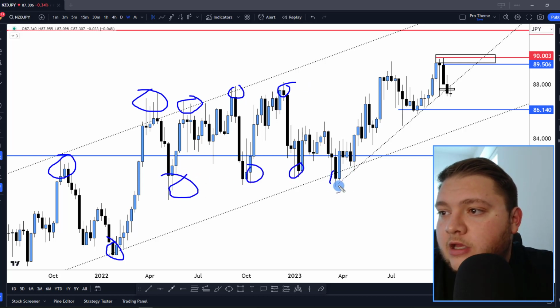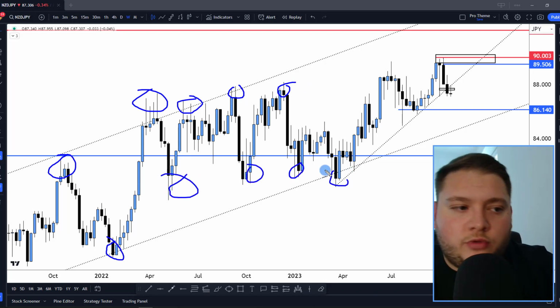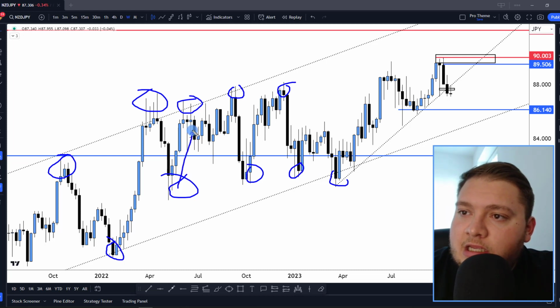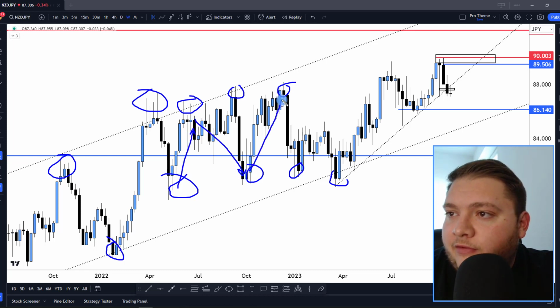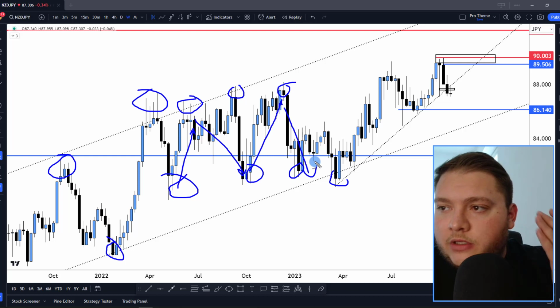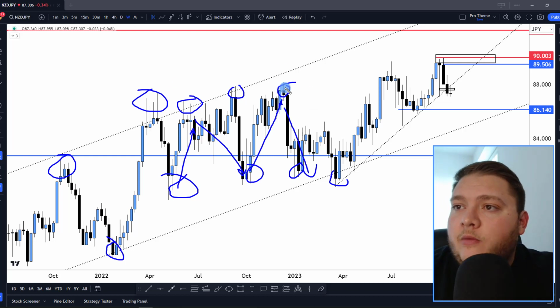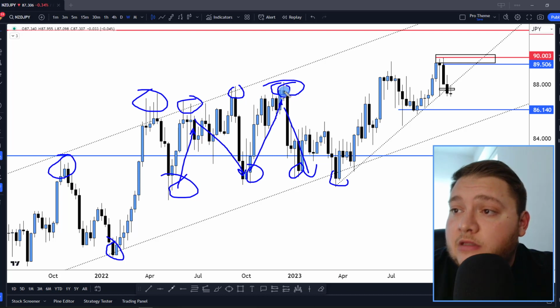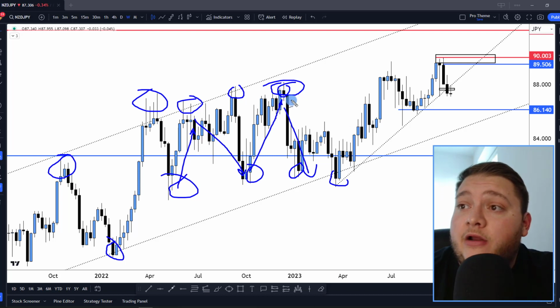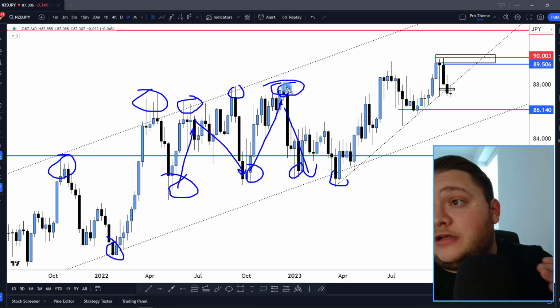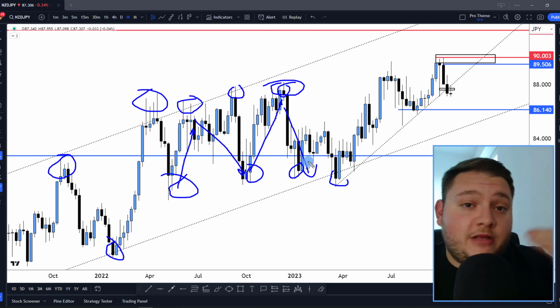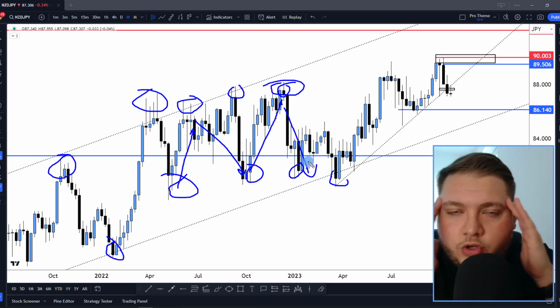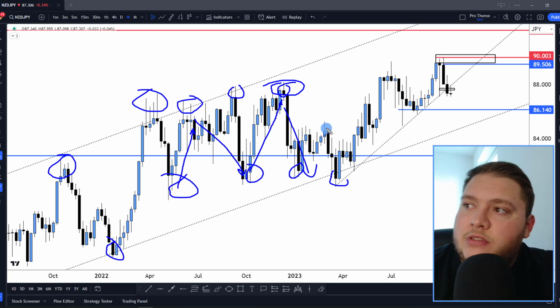The reason why you're naturally driven towards these areas is because you can see sharp moves away from these points. So you know in your head automatically that I want to be in at this particular position because the market has sold off from that point, and I know that if I was to risk a certain amount here, then I could potentially make a certain amount here. That's why your eye is naturally drawn to these positions.